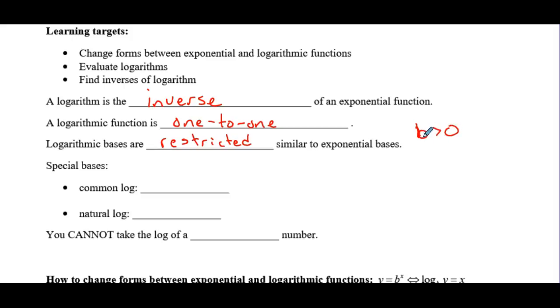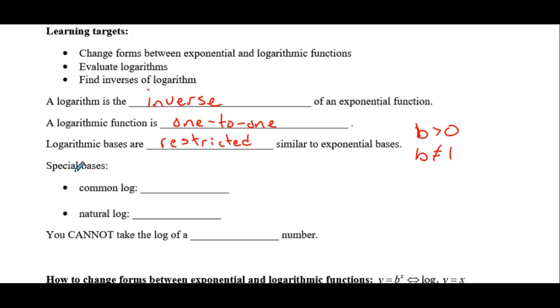It can't be a negative base, it can't be -1 or -2 or -3, so it has to be greater than 0. And then there's one more restriction, which is that the base cannot be equal to 1. Those are our restricted bases for logarithms, which are the same as the restricted bases for exponentials.